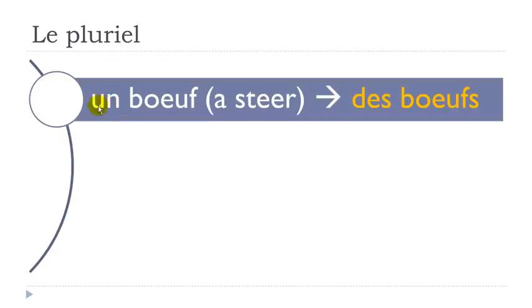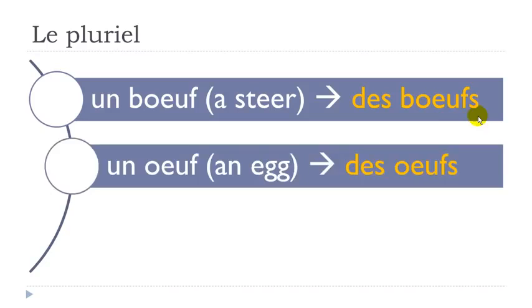Un bœuf, des bœufs. Then, un œuf, des œufs. We'll make the liaison here to make it sound more beautiful. Des œufs. Un œuf, des œufs.